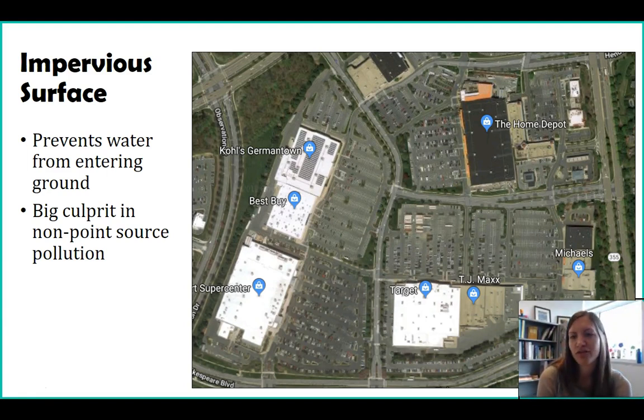If we look at this picture, this is a shopping center here in Germantown. The amount of impervious surface that covers the United States is insane. If you take a look at it, not only do we have roads, which are impervious, we also have parking lots, sidewalks, and roofs and tops of buildings that are impervious.